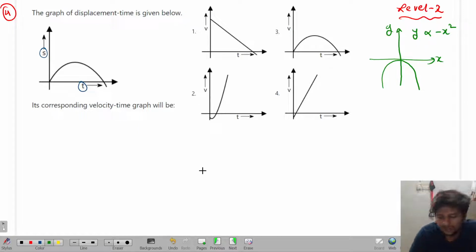That is the particular graph for a downward parabola. I can extend this graph like this, I can make this go down. So it is a perfect case of a downward parabola. So displacement here is directly proportional to minus t square. That is correct. First important thing.